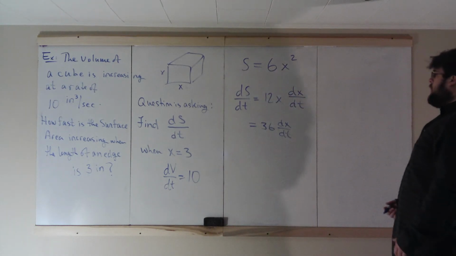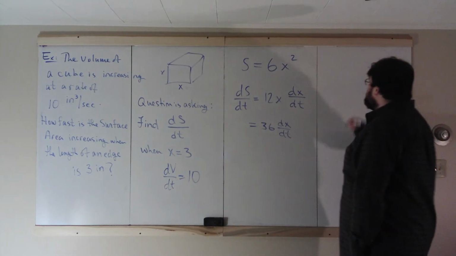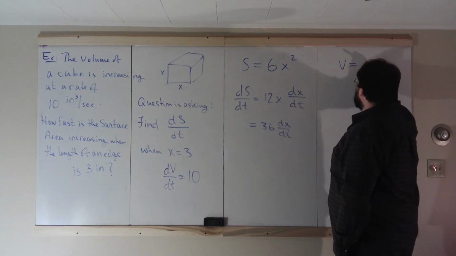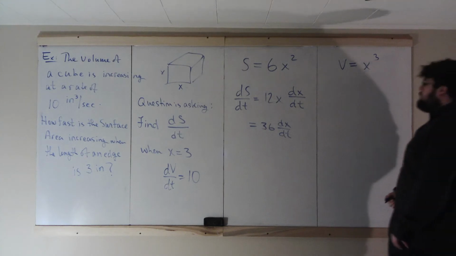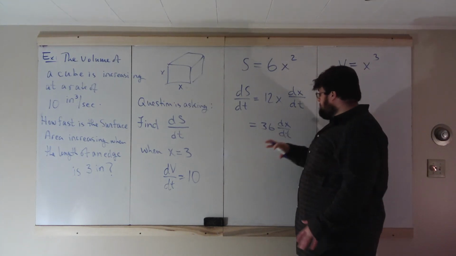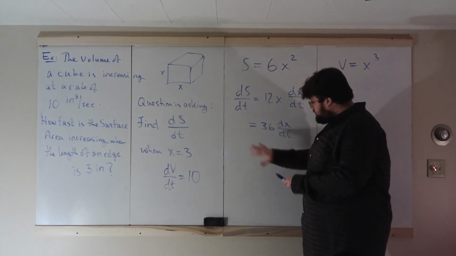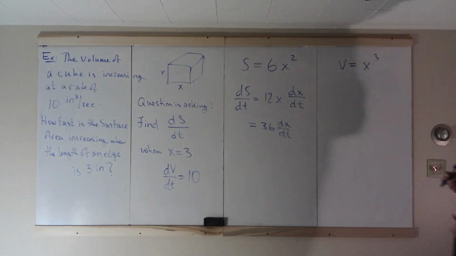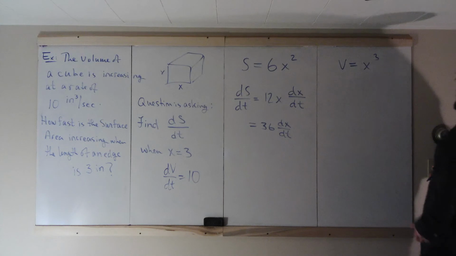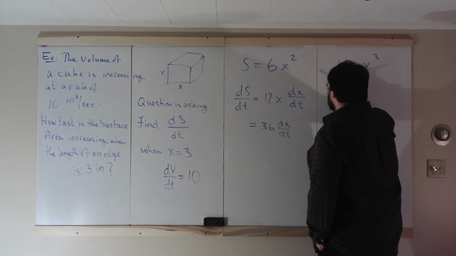Yes. Can we do it by taking a cube root, since volume is x cubed? No. But what we can do, for note-taking purposes, this space is blank for a reason. What we can do is differentiate the volume function with respect to time, and see if that helps.